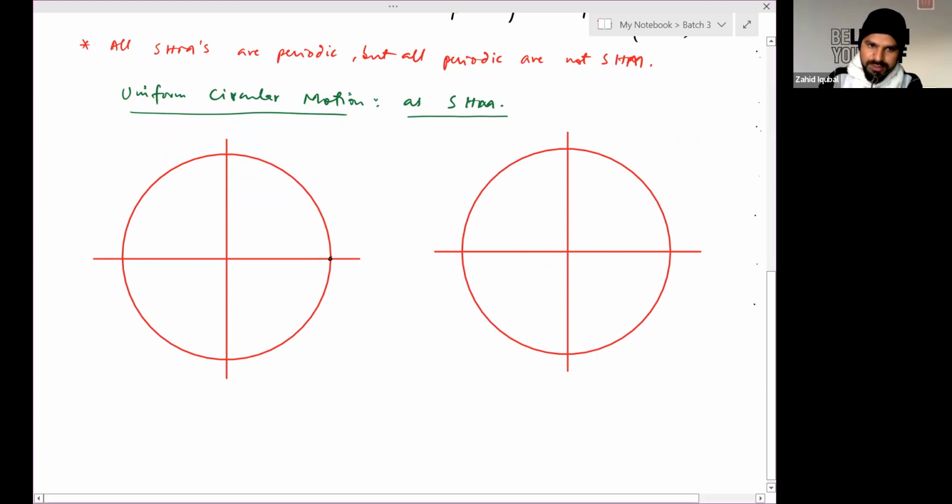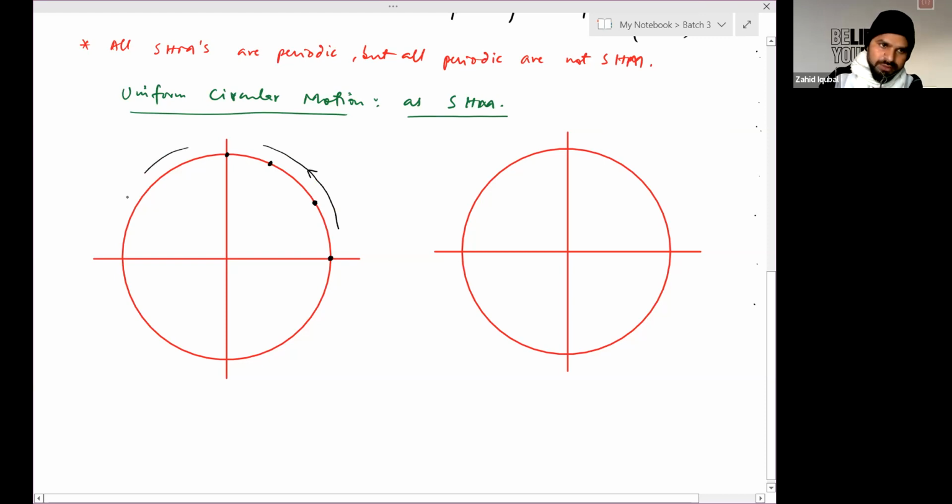So let's say initially it will be at this point. Sometime it will be at this point, this, and may reach this point while going along this path at some constant angular velocity.